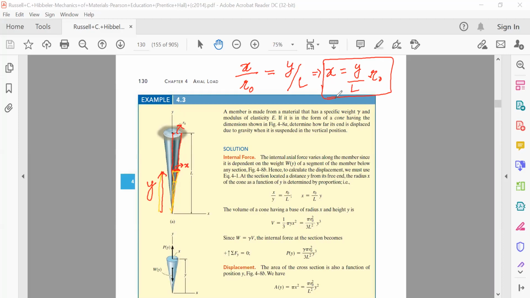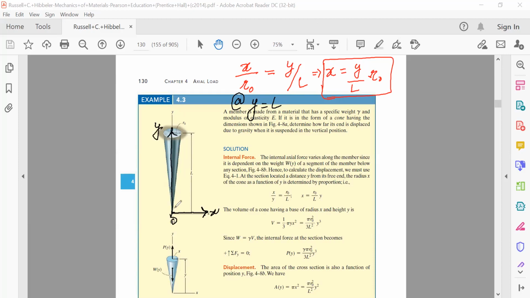How? Look here, let's check at y equal to L. Let's consider this to be our x-axis, this to be our y-axis, and this we consider as our origin.